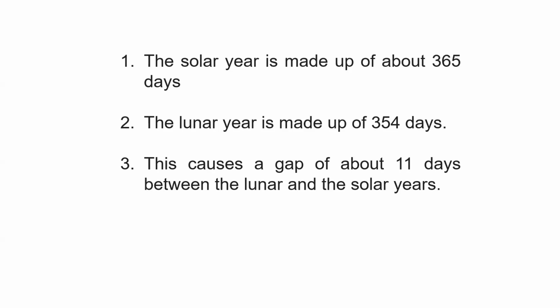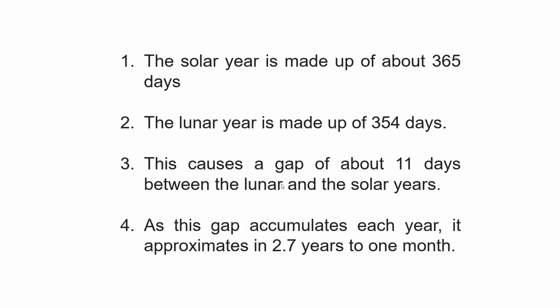You don't need to listen to this lecture. So this simplification of numbers, approximation, is for a reason. So a lunar year and a solar year create a gap of about 11 days every year.